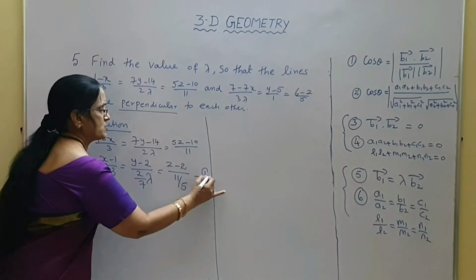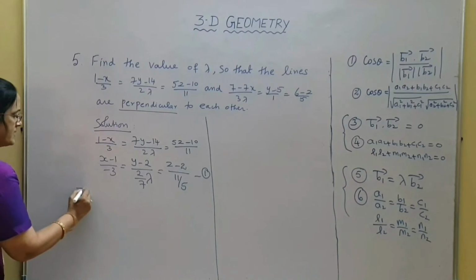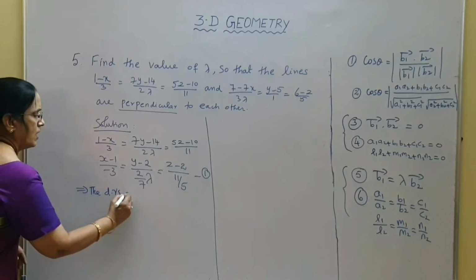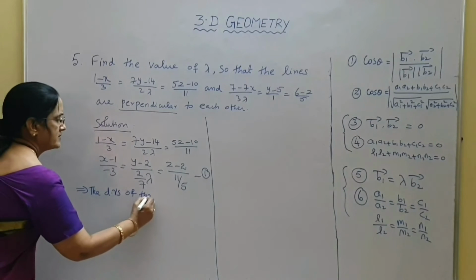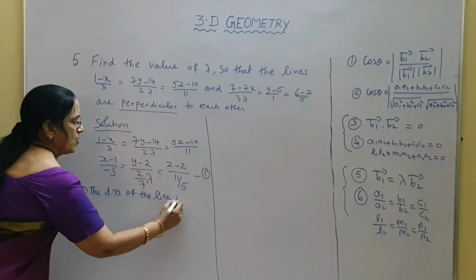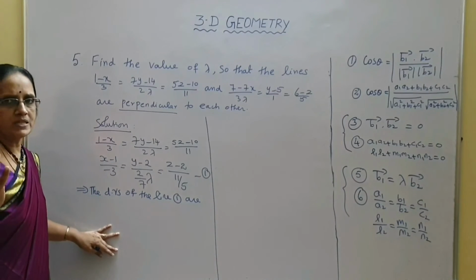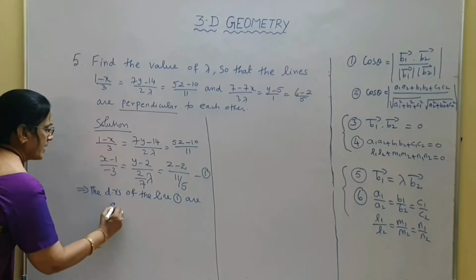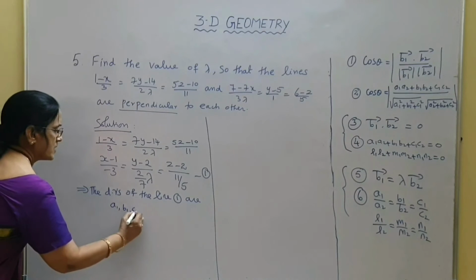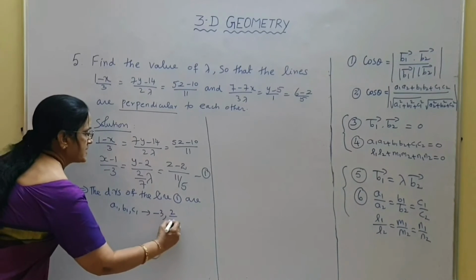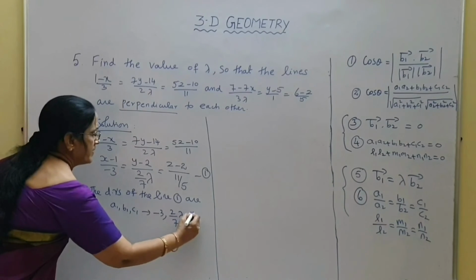Let me name this as 1. This implies the direction ratios of the line 1, normally we represent by A1, B1, C1. So A1, B1, C1 are nothing but minus 3, 2 by 7 lambda, 11 by 5.